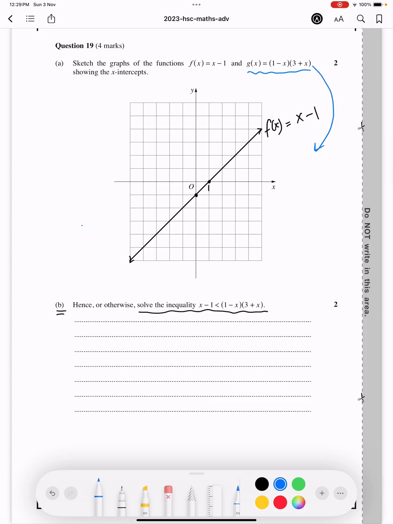Let's go ahead and find our y-intercept by letting x equal 0. So we get 1 minus 0, 3 plus 0. So we get 1 times 3, and so our y-intercept equals 3. That's that there.